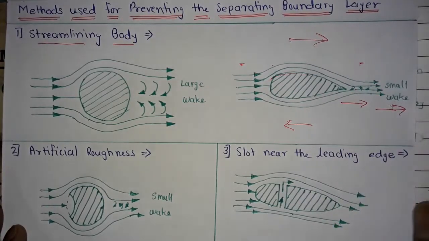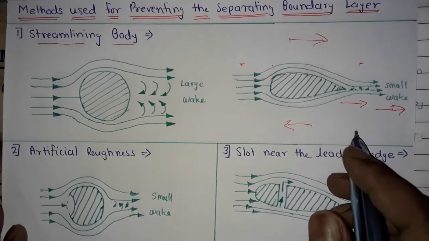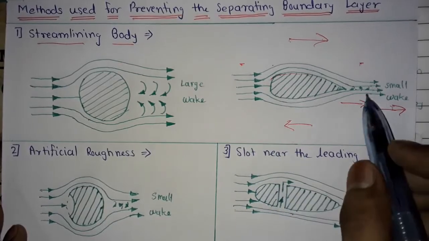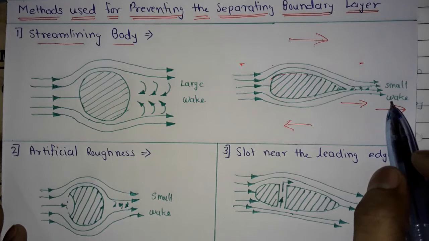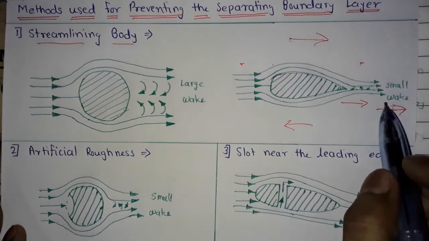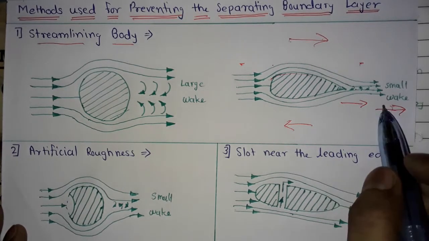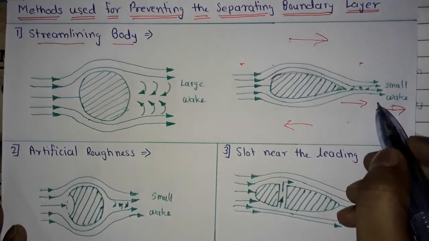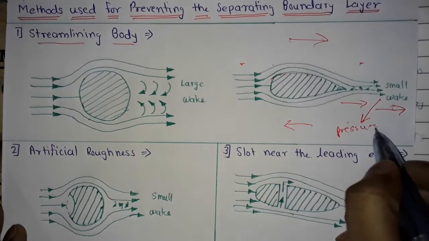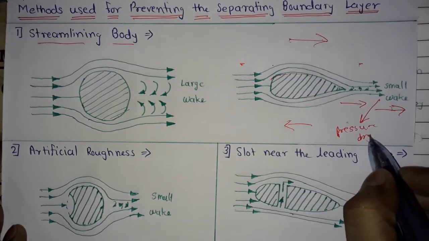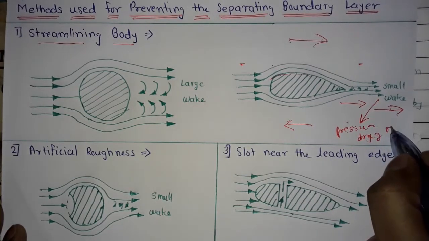So as far as possible it is shifted, and due to this small or narrower wake region, pressure drag gets reduced. Due to small wake generation, pressure drag is reduced.